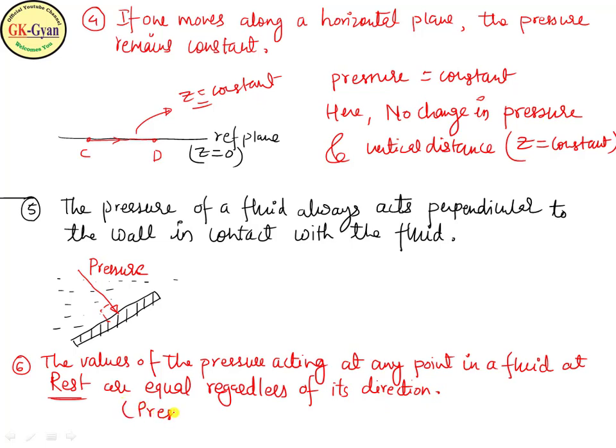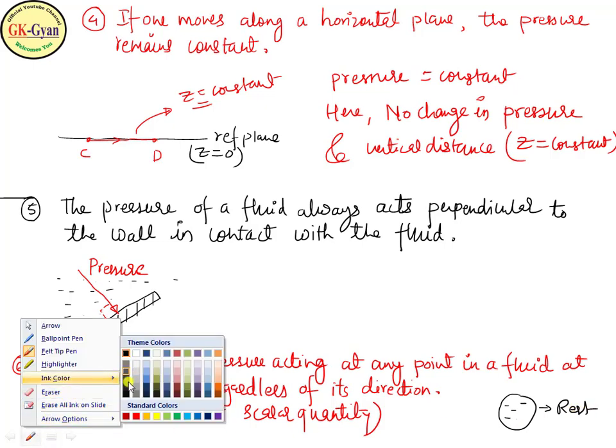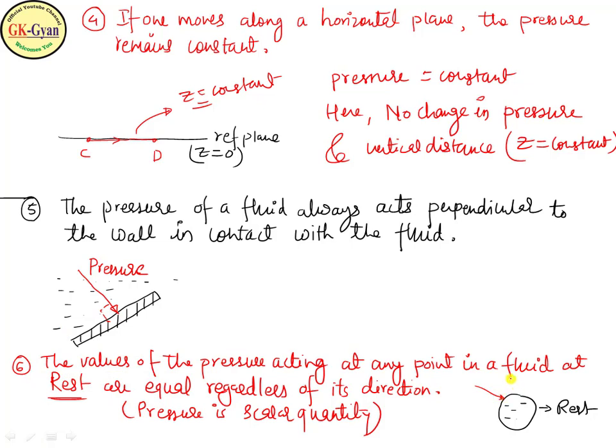That is, pressure is a scalar quantity. For example, if this is a fluid particle which is at rest, whatever the pressure acting on the fluid, regardless of its direction, is of the same value, that is P. Are you getting the point? So pressure acting on a fluid which is at rest is equal in all directions. This is the property.